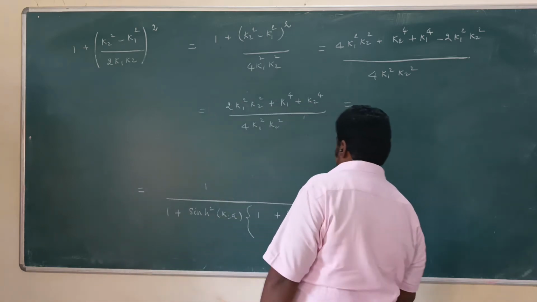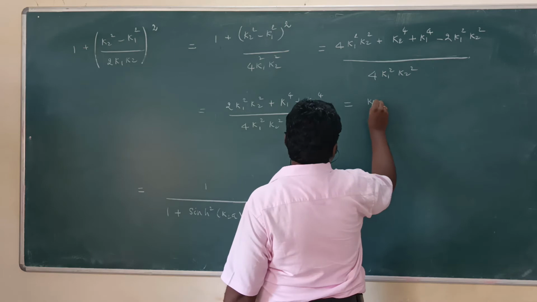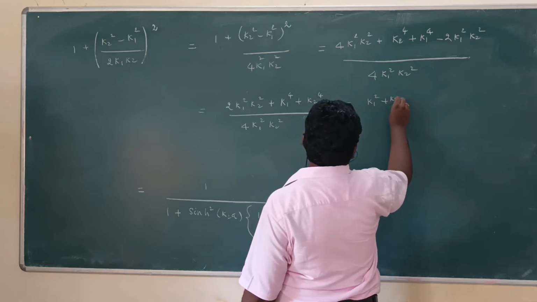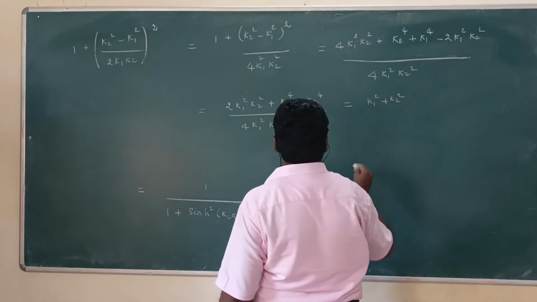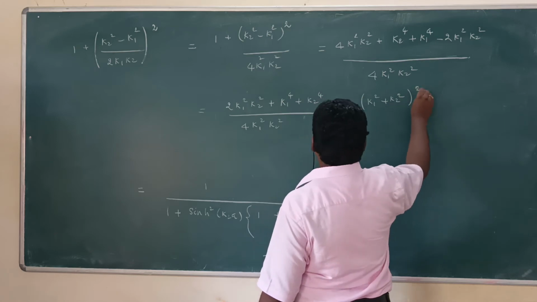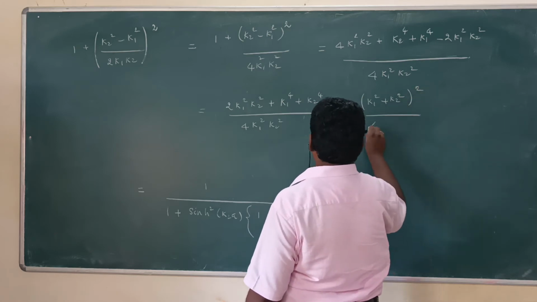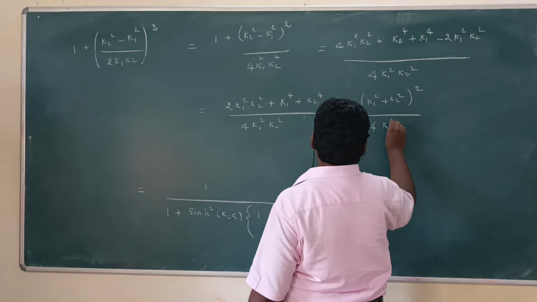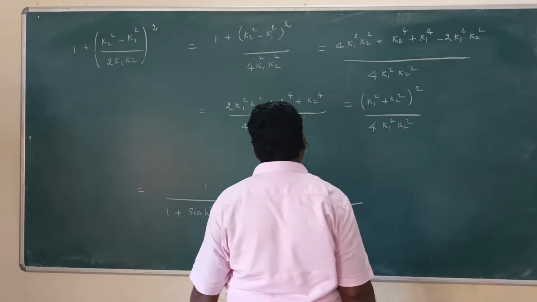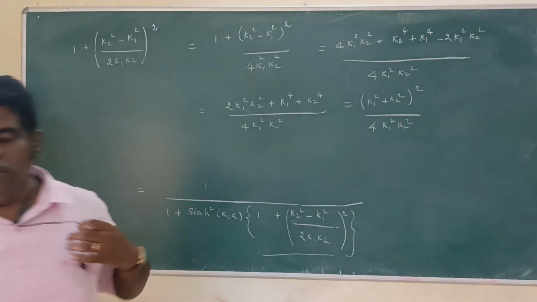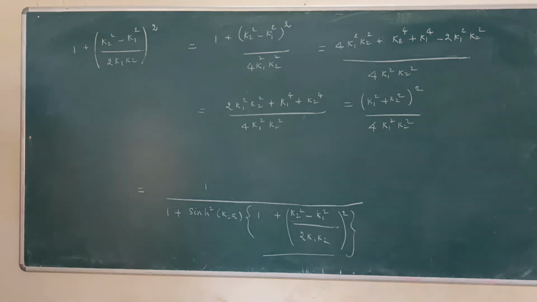This is equal to (k1 square plus k2 square) whole square divided by 4 k1 square k2 square. Now we should substitute this value in the modified form.